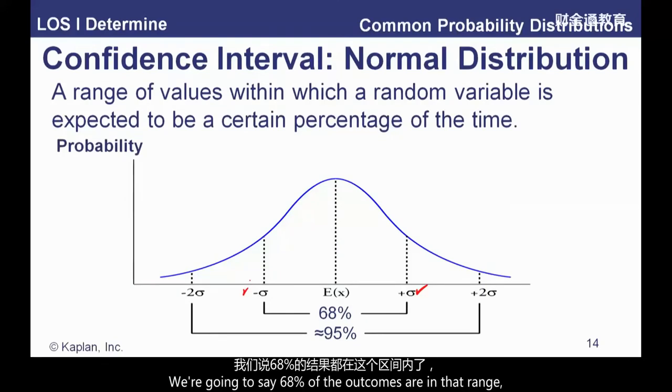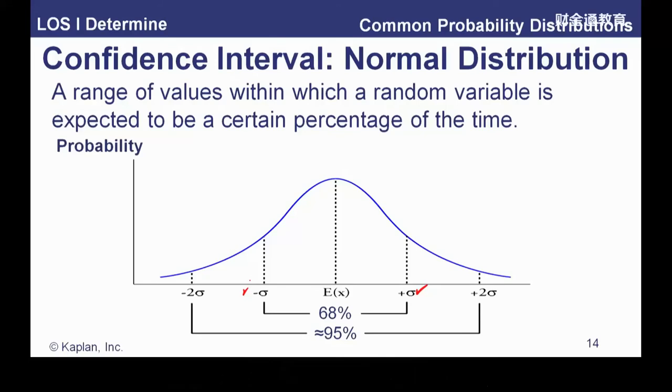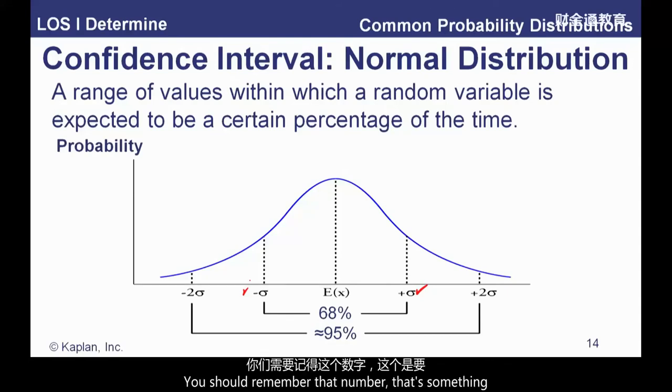We're going to say 68% of the outcomes are in that range, within the mean plus or minus 1 standard deviation. And you should remember that number. That's something that you should memorize, as well as this other one.